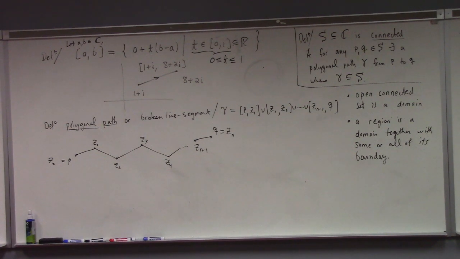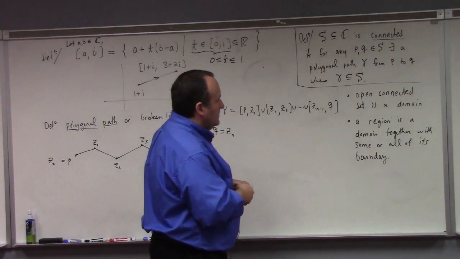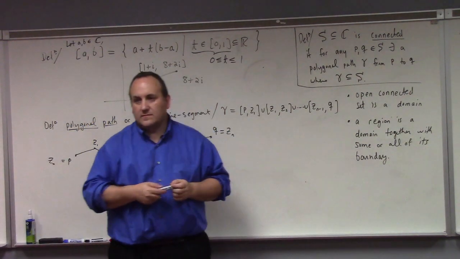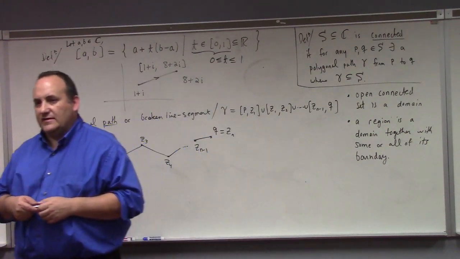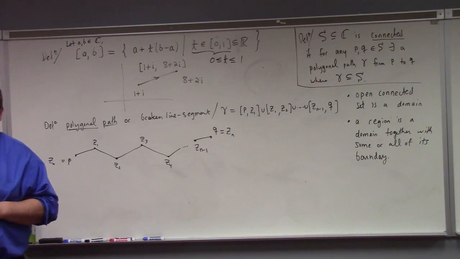If you have a connected set, it must be one of those two? A connected set doesn't have to be open. It doesn't have to be a region. You could have a connected set which is not open nor a region.